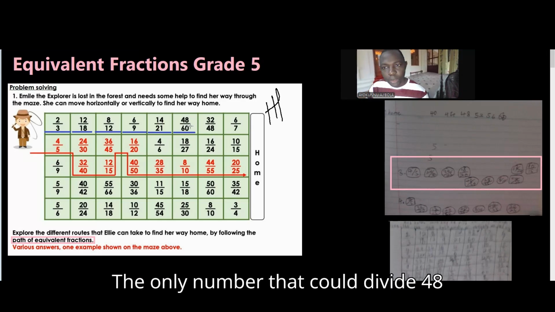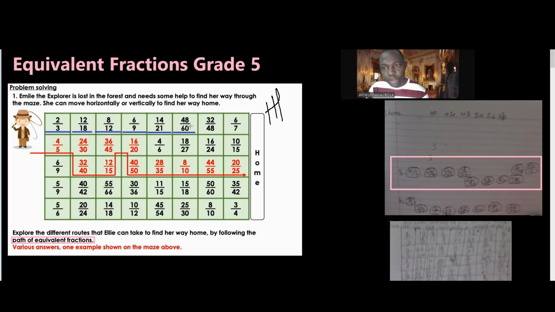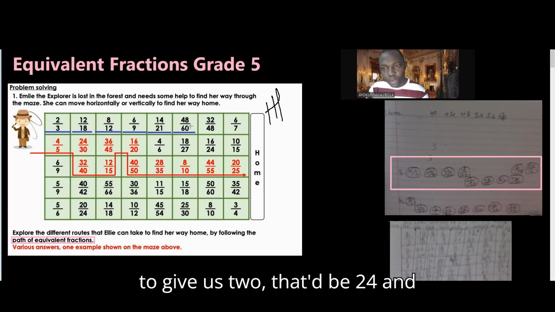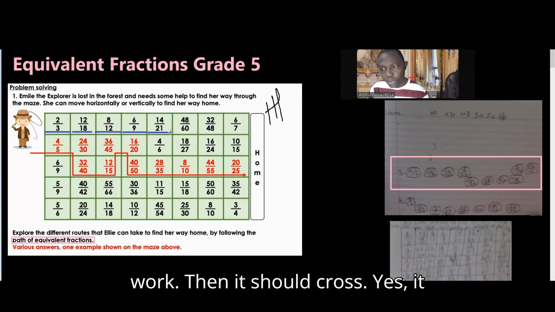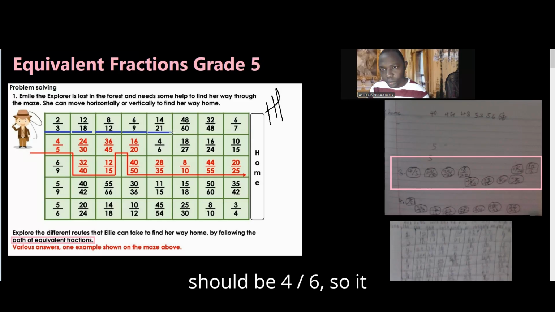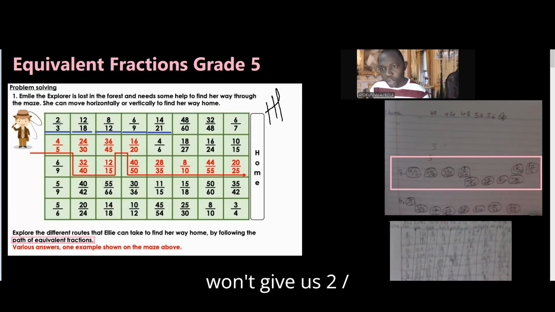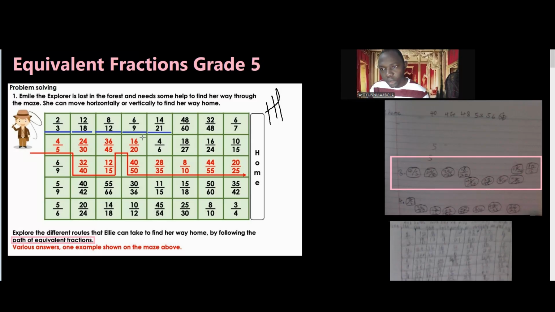The only number that could divide 48 to give us 2 would be 24, and 24 would not divide 60, so that will not work. It should be 4 over 6, so it won't give us 2 over 3.